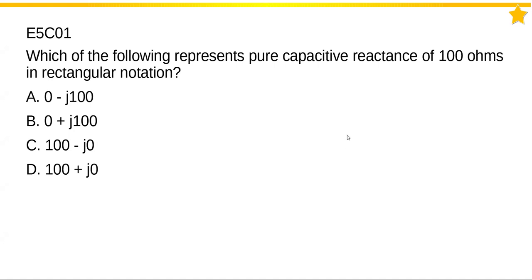So 100 ohms is the R part. Remember, it's R plus jX. So it can't be alpha or Bravo. Gotta be Charlie. And it's capacitive, so it's negative, right?